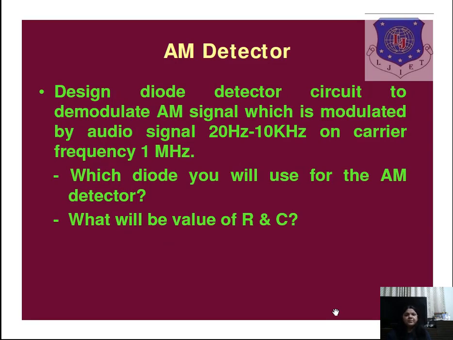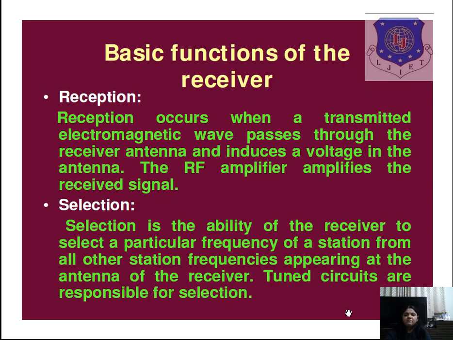You can also design the diode detector circuit to demodulate an AM signal, which is modulated by an audio signal of 20 Hz to 10 kHz on a carrier frequency of 1 MHz. Which diode will you use for the AM detector, and what will be the R and C values? By using the previous formula, you can design the diode detector to demodulate the AM signal.